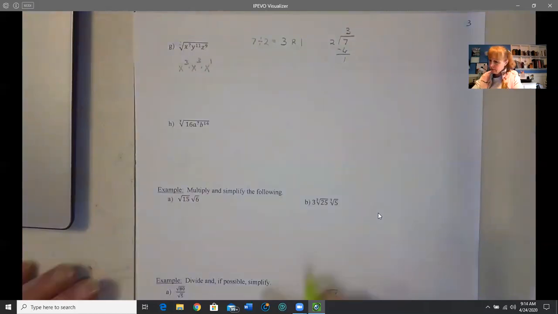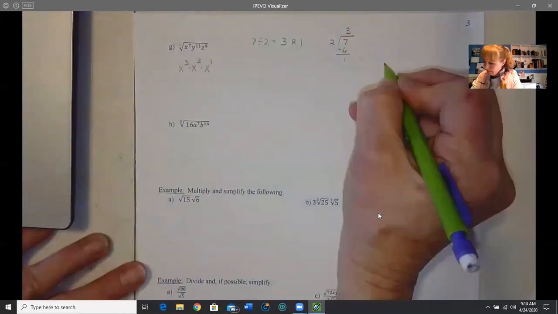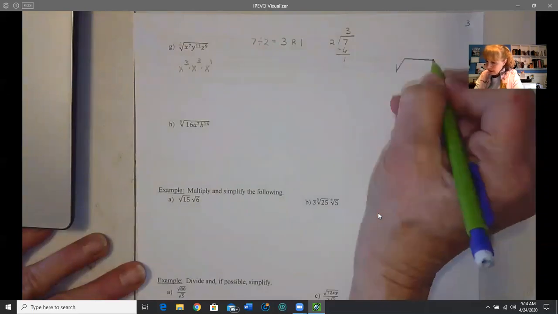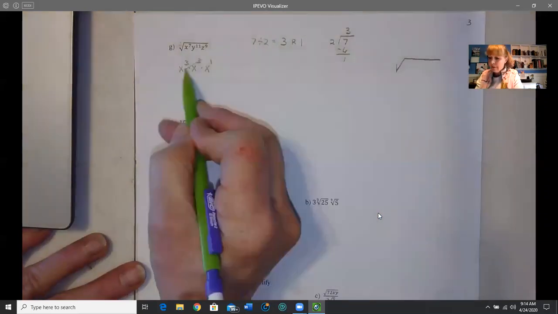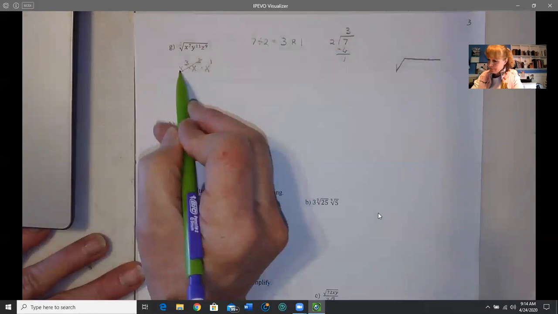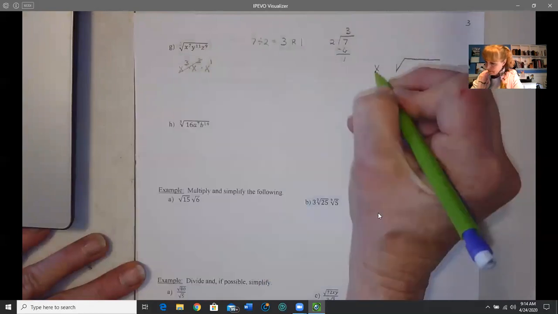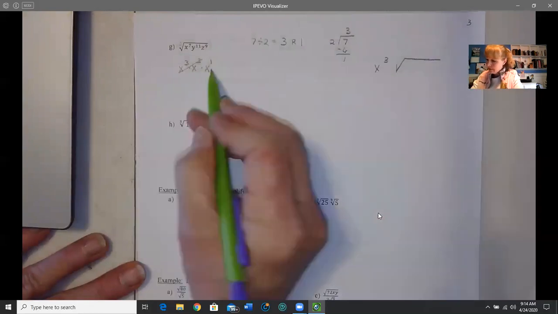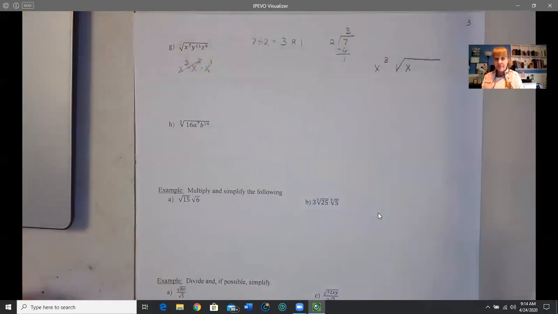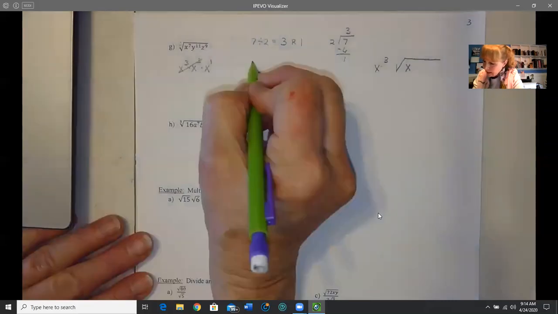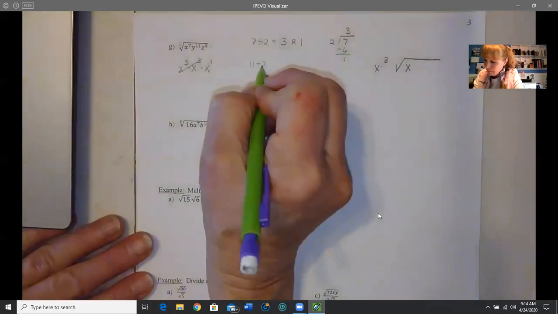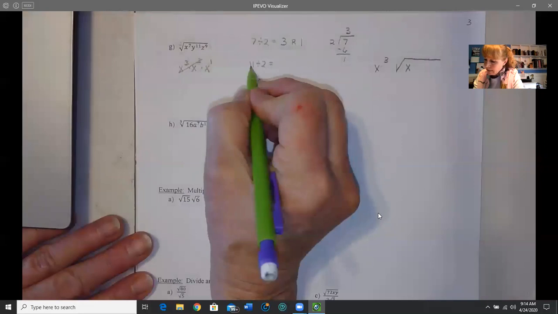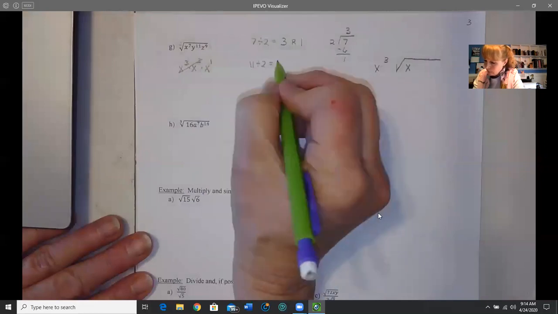I'm going to put my answer over here. These are going to come out because I have 2 groups. But that x to the first has to stay inside. Let's do the y to the 11th. Let's take 11 divided by 2. Well, 11 divided by 2 goes 5 times.